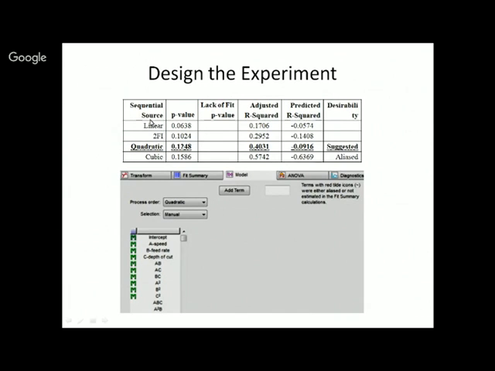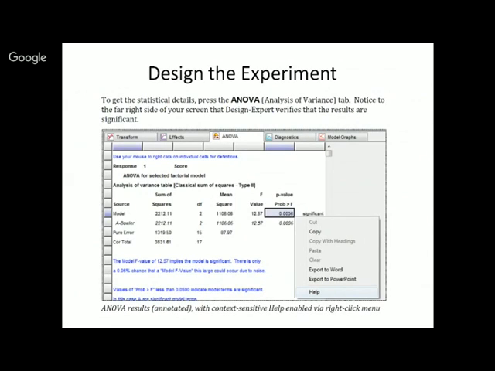The other sources are there, linear, 2FI, cubic, and quadratic is the most suited for my work. So based on that, I go to the third one, the model, and proceed with the quadratic option. Then the next step is to check your data with ANOVA, analysis of variance.